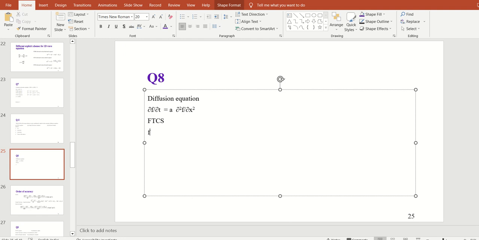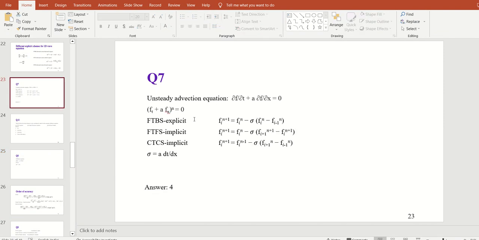So it would be f i at n plus 1 minus f i at n, divided by delta t.